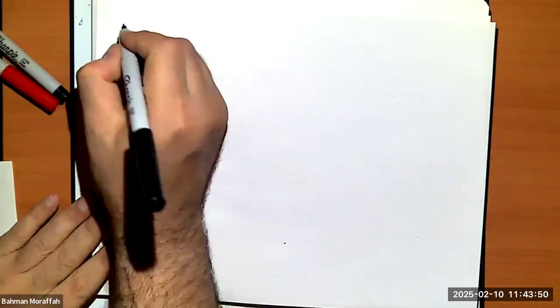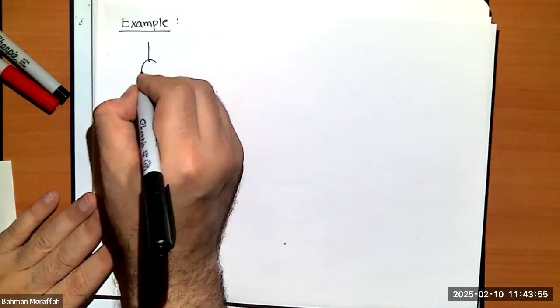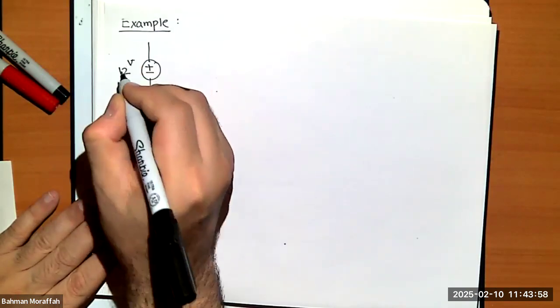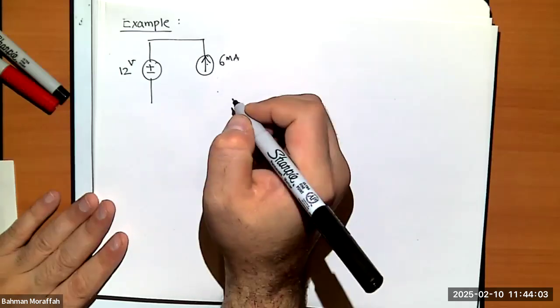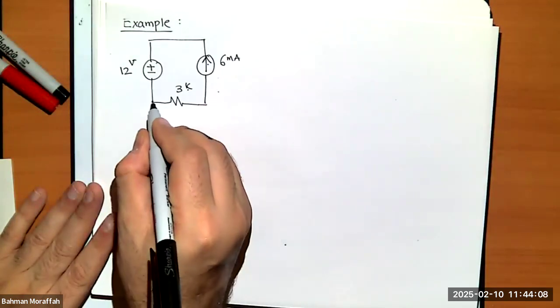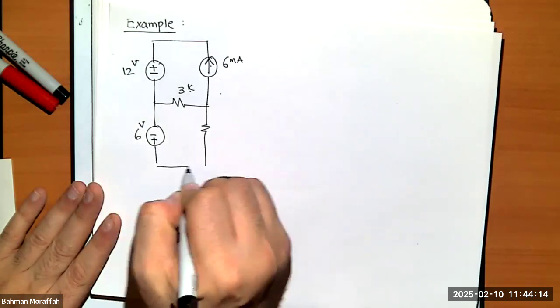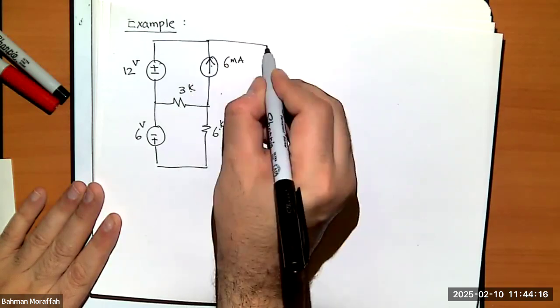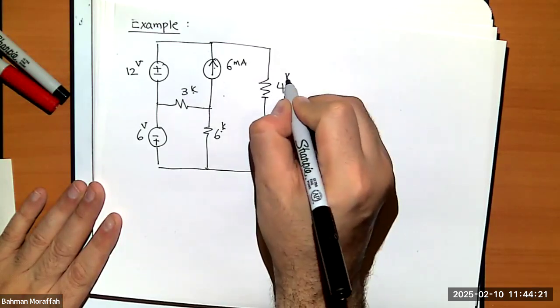Let's make it a little more interesting. Let's just say I have this circuit. I have a voltage source with value 12 volts, a 6 milliamps current source, a 3K resistance, another voltage source with value 6 volts, a 6K resistor, the whole thing around a 4K.